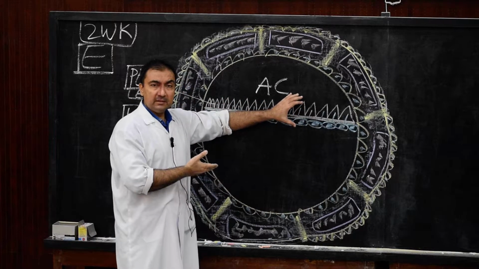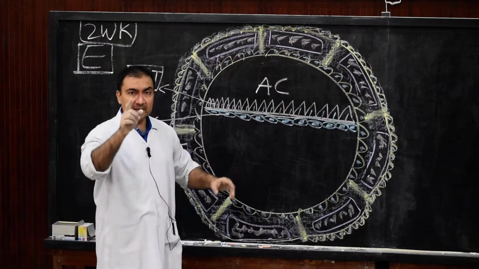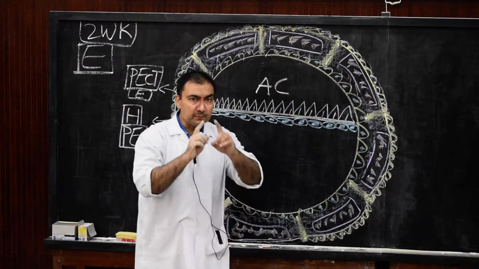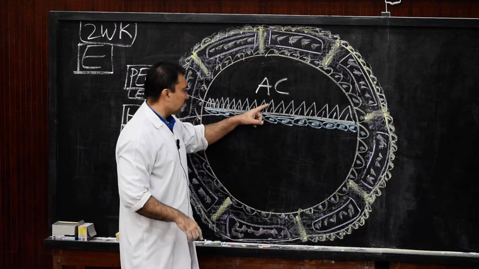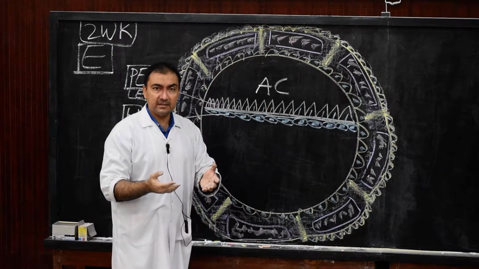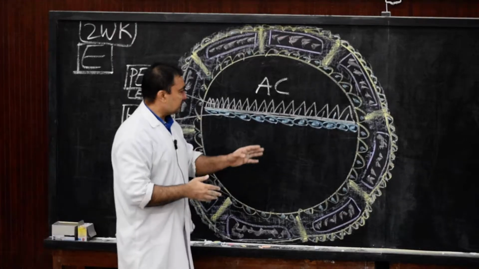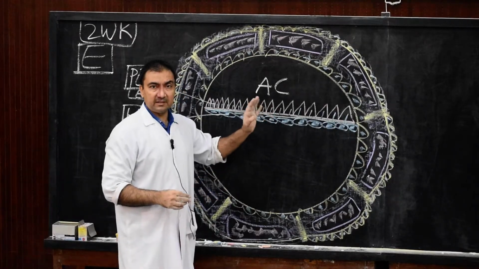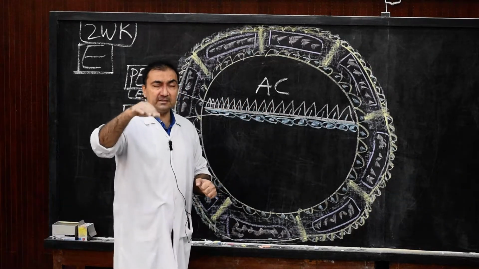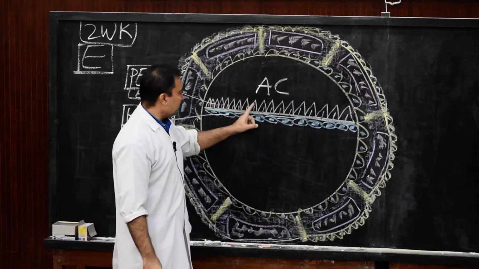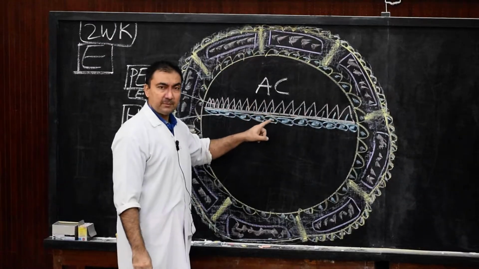So this establishment of both germ layers, epiblast and hypoblast, on the 8th day after fertilization suggests that this is the stage of the bilaminar germ disc.